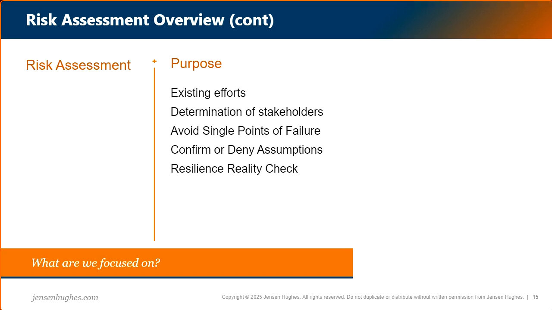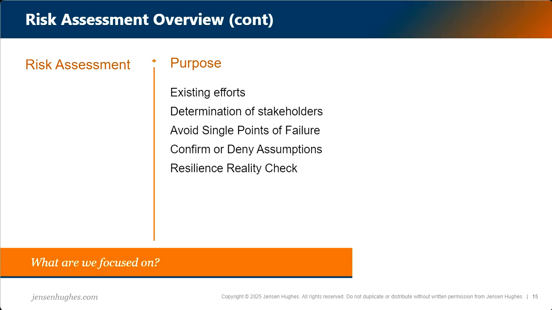Determination of stakeholders is another key item. We want to make sure everyone's voice is heard, and that includes obviously what the owner wants to present to us as important stakeholders, but we look for gaps in that. Like I mentioned earlier, information technology, they're holding that pathway of cable infrastructure.